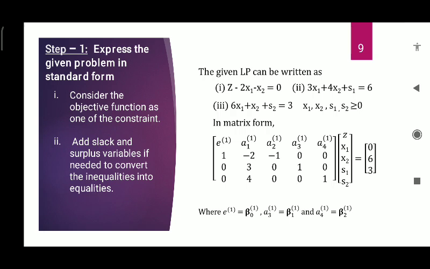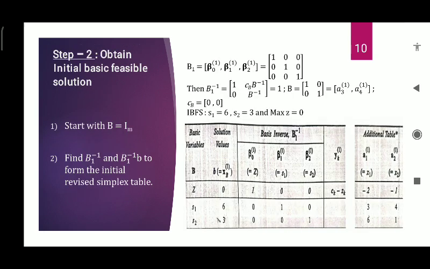These columns are denoted as e upon 1, a1 upon 1, a2 upon 1, a3 upon 1, a4 upon 1, and the column matrix x can be written as z, x1, x2, s1, s2, with the right hand side column matrix 0, 6, 3, where e upon 1 can be taken as beta 0 upon 1, and the slack variable columns, the fourth and last columns, can be taken as beta 1 upon 1, beta 2 upon 1, which represent the columns of s1 and s2.